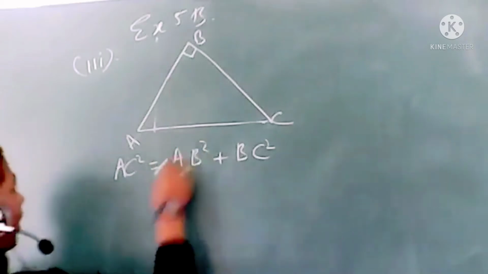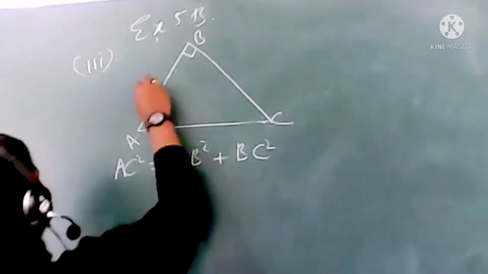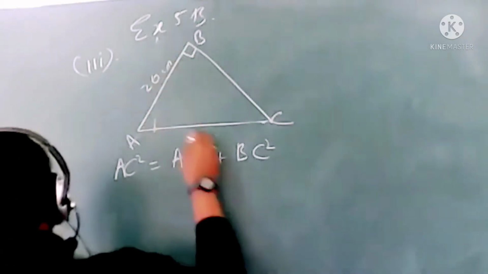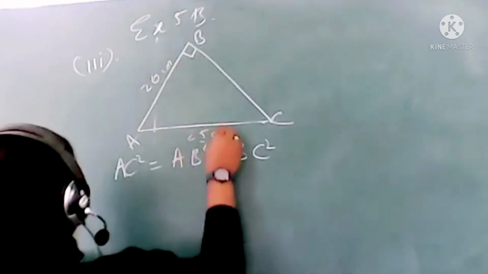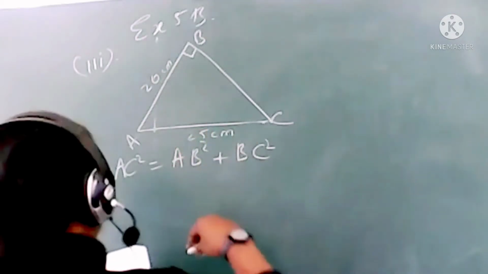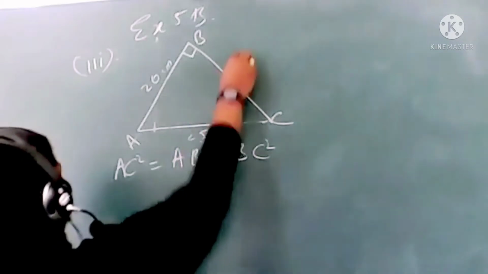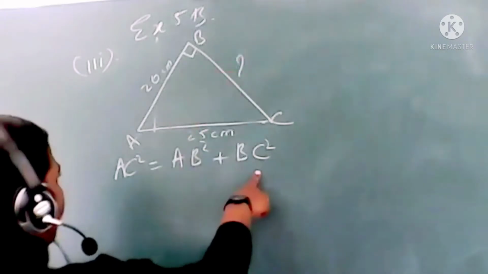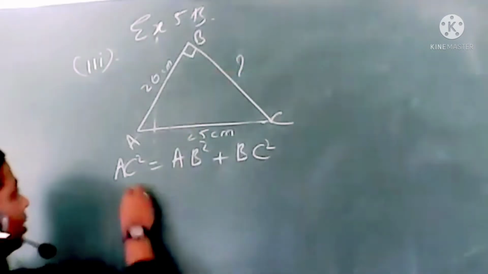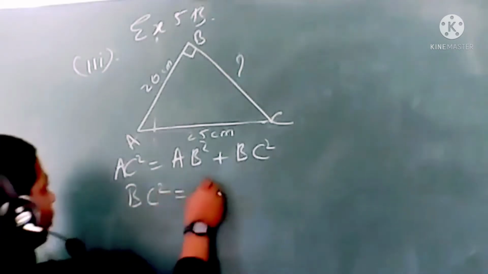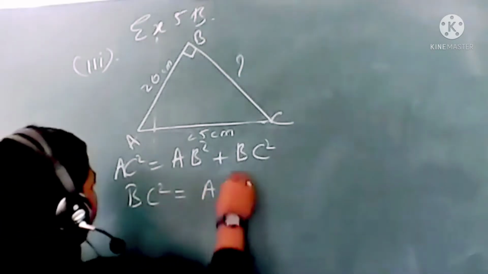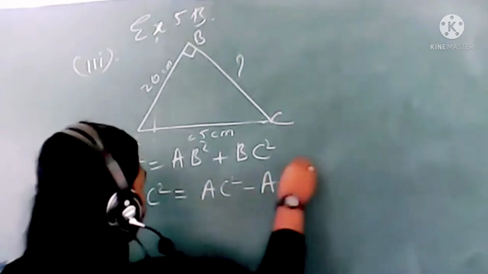Now we have to find out the value. Here 20 centimeter is given and here 25 centimeter is given. Now we have to find out BC. For finding BC, we can write BC square is equal to AC square minus AB square.